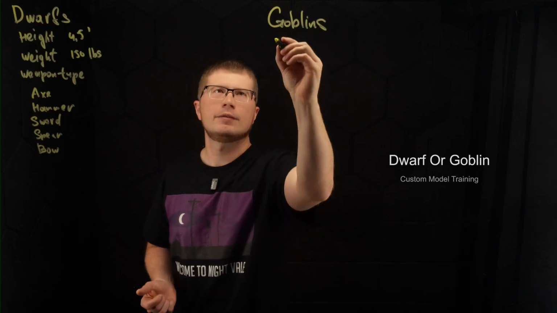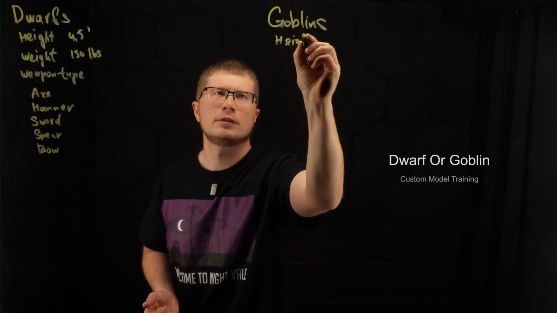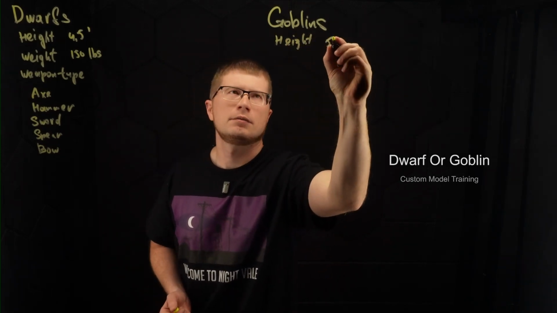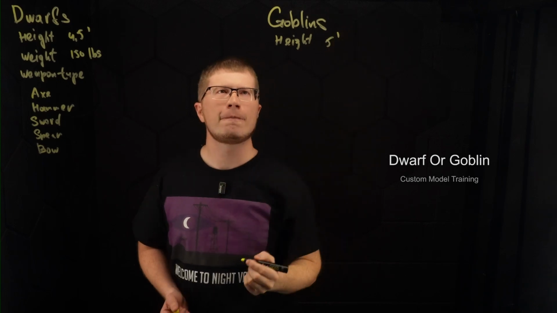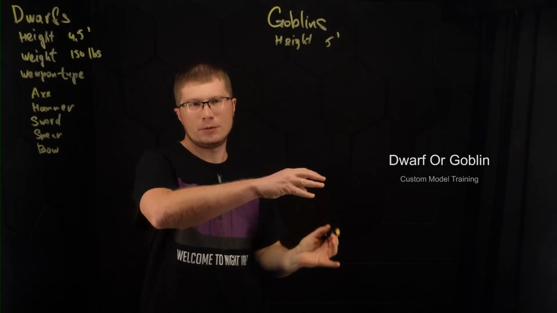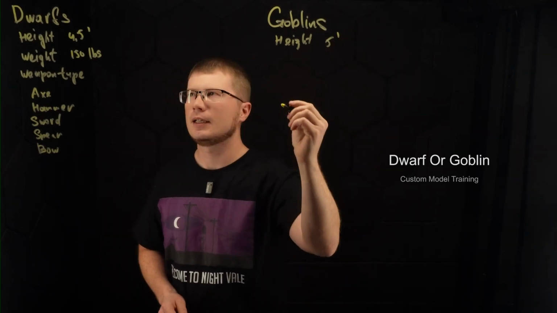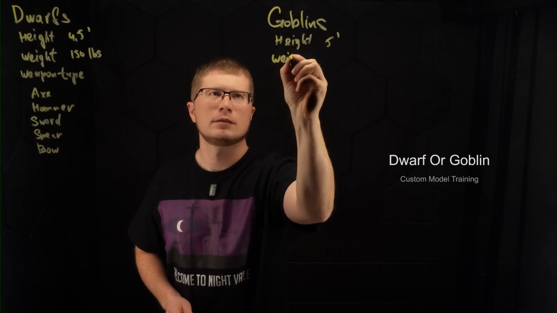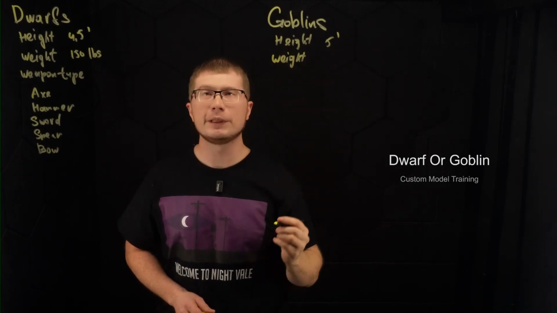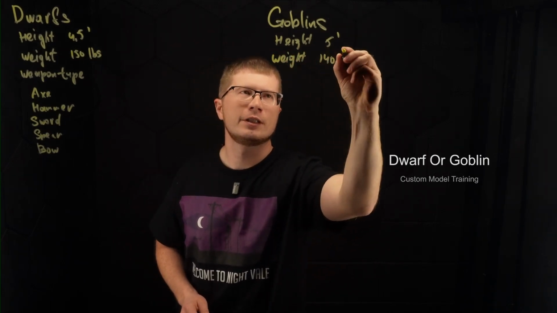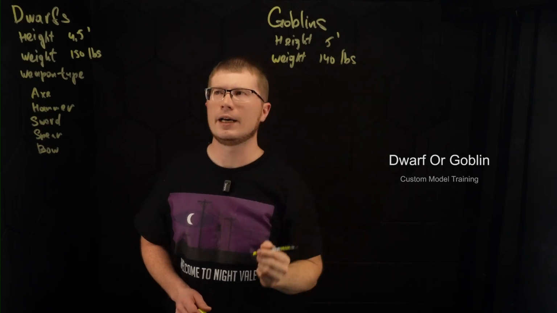Goblins will have average height of, let's say, 5 foot, but let's make it with more variance. And weight will be slightly less on average, but also have higher variance.